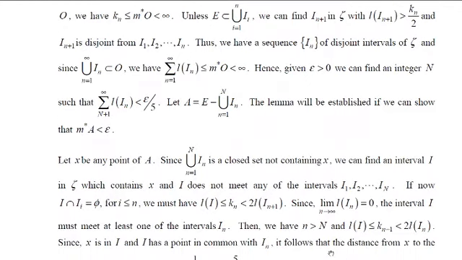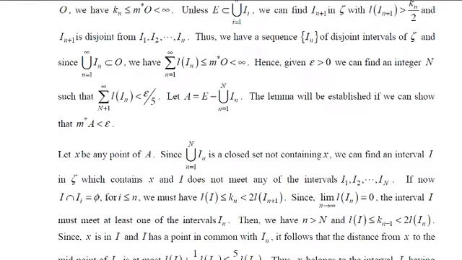Now, since x is in I and I has a point in common with In, it follows from this that the distance from x to the midpoint of In can be at most the length of I plus half the length of In.